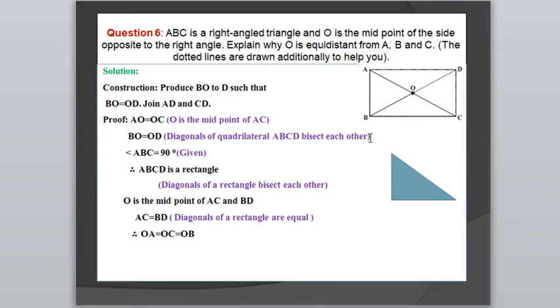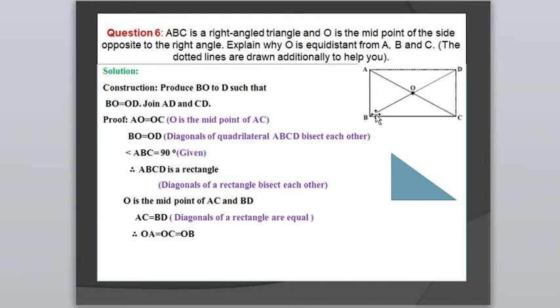So here it is given that ABC is a right angle triangle and O is the midpoint of the side opposite to the right angle. So this is O, which is the midpoint of the side opposite to the right angle.